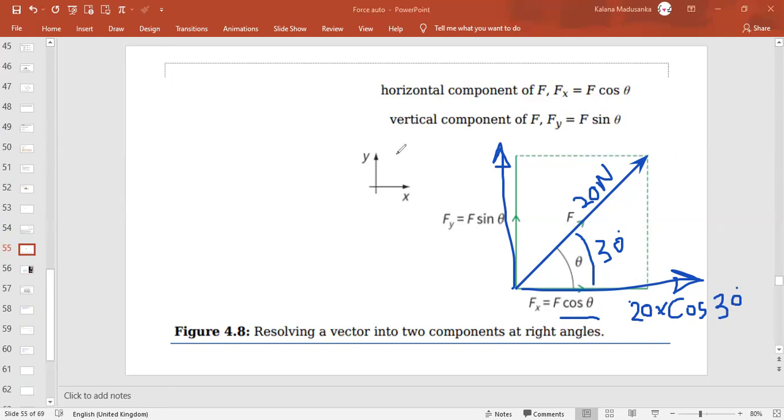In the opposite direction, it is force sine theta, which means 20 sine 30.